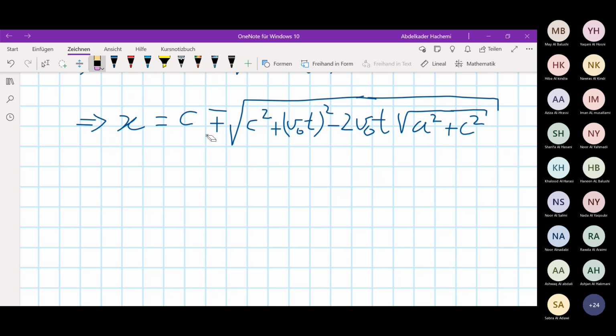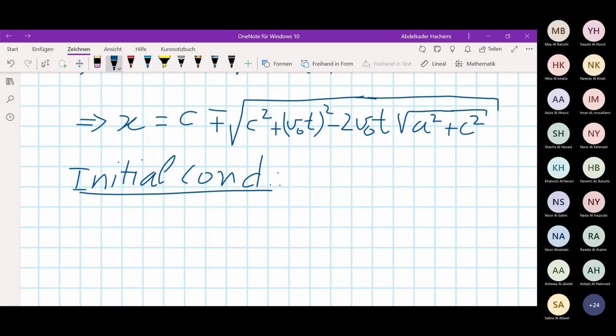The initial condition here is that X at time t equal to 0 is equal to 0.